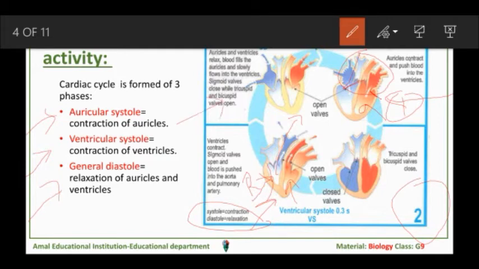What happened? There is the general diastole. In this case, auricles and ventricles are relaxed because the blood is coming again to the heart. It's entering the heart through the veins. It's coming from the lungs through the pulmonary vein, and from the organs through the vena cava.